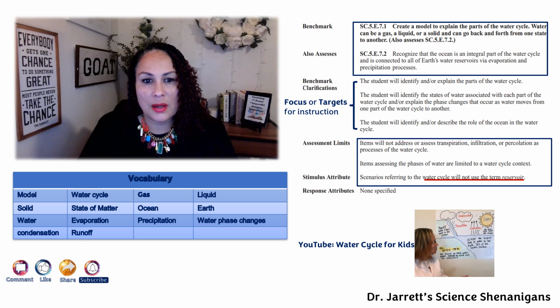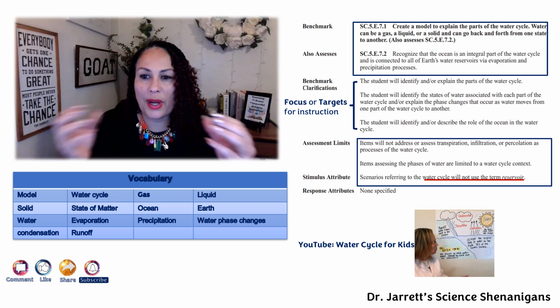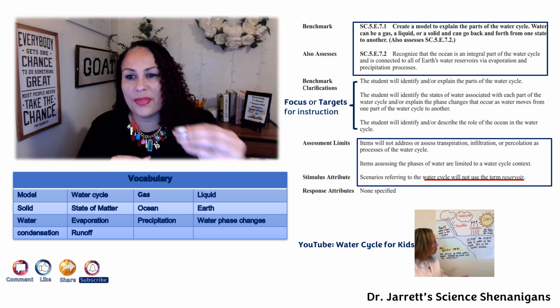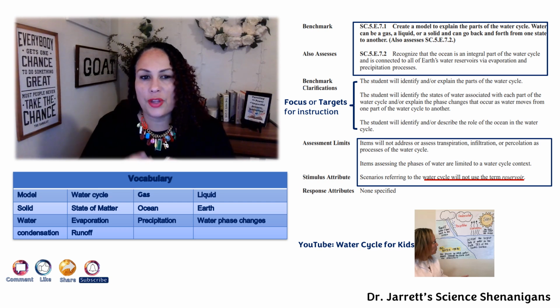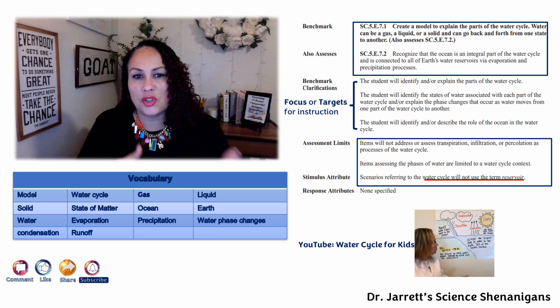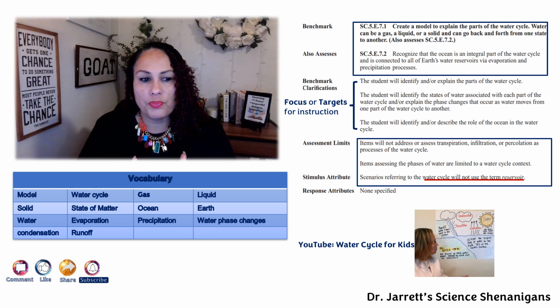I have seen where there have been worksheets that weren't directly related to what this benchmark is asking them to do. So you want to make sure that you look at your resources because you don't want to waste days with students creating different types of water cycles, and then you include additional vocabulary words that they don't need at this time.